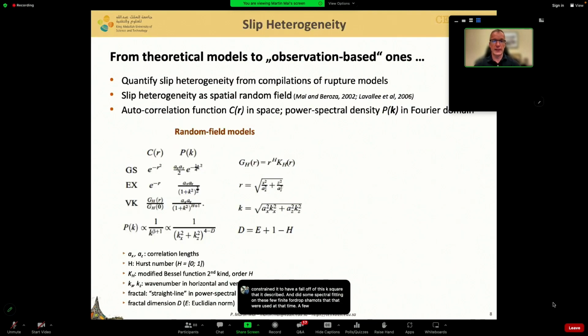A few years later, this was pushed to the next level, where myself and Greg Beroza and Daniel Lavallée and Ralph Archuleta took a lot of rupture models and tried to fit different spatial random field models to these rupture models. We used an autocorrelation function in space, or the power spectral density in the Fourier domain, P of K, which is shown, and these equations are shown on the left here, for these random field models.